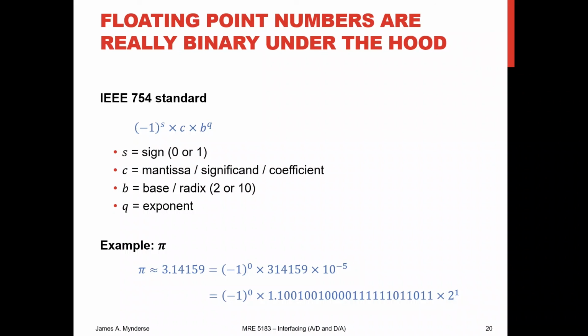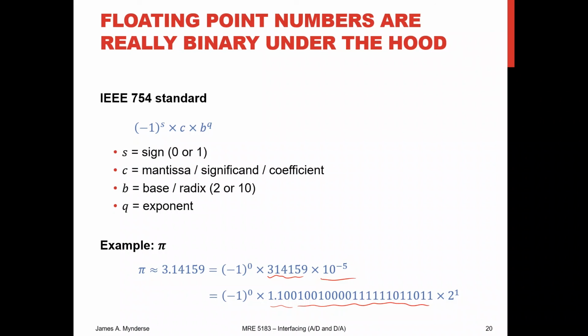So for instance, pi is represented here as a positive number. So we have -1 raised to the 0. And then we've got our coefficient. And our coefficient could be in terms of base 10 coefficient, this 314159. Or it could be in terms of this long one that I'm not going to read out, which is our base 2 coefficient. So the base 10 coefficient, the 314159, is multiplied by 10 to the -5.